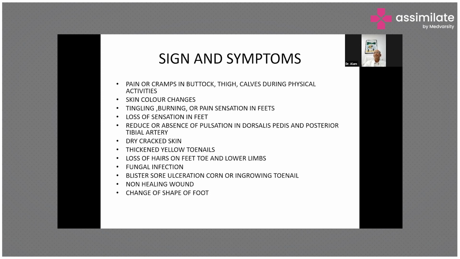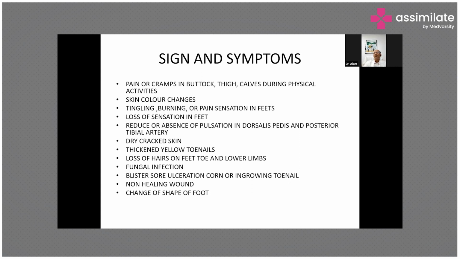The first symptom is pain or cramps in the buttock, thigh, or calf muscle during physical activities. There may be a change of color of the lower extremity, tingling, burning, or pain sensation in the feet. Loss of sensation in the feet may be a symptom.